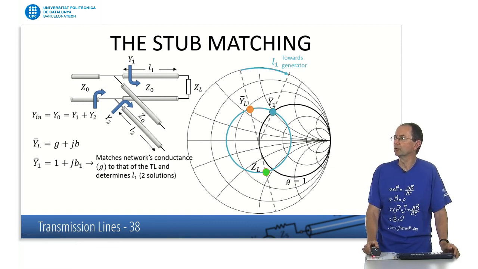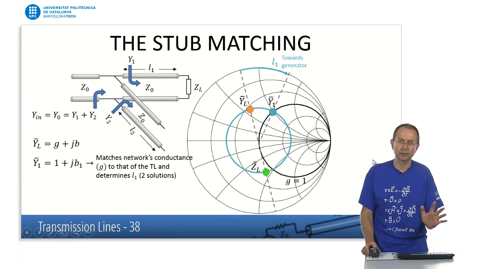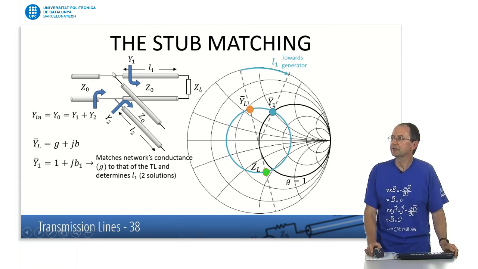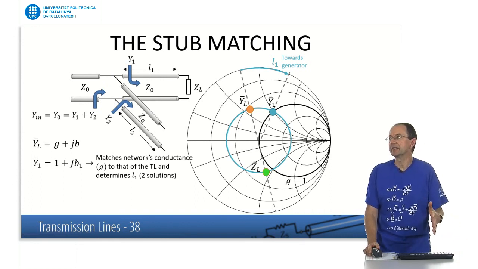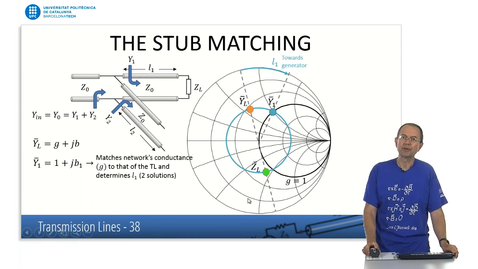Why do we want to stop at this point? Well, the reasoning is the following. What is this stub in parallel going to provide us? Because this is a lossless line, the stub in parallel is adding only an imaginary part of admittance.